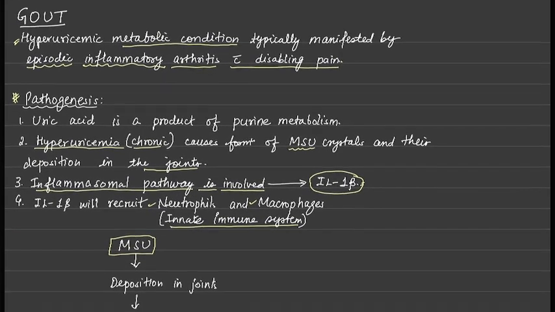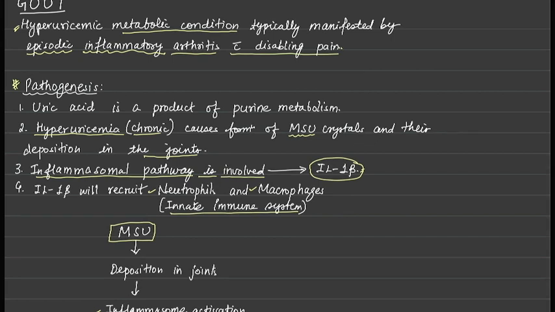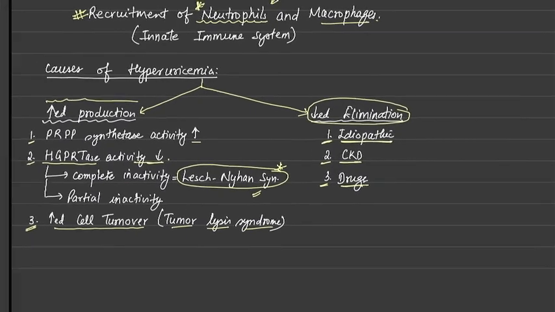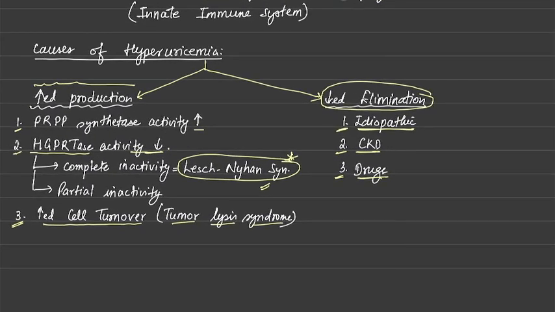A hyperuricemic metabolic condition, inflammatory arthritis, disabling pain, right? What is the pathogenesis? Uric acid is a product of purine metabolism, with deposition of monosodium urate crystals. Chronic hyperuricemia does this, right? The inflammasome is activated, neutrophils and macrophages are recruited. They will cause inflammation. Interleukin 1 beta is mainly involved in this, right? There can be increased production or decreased elimination.